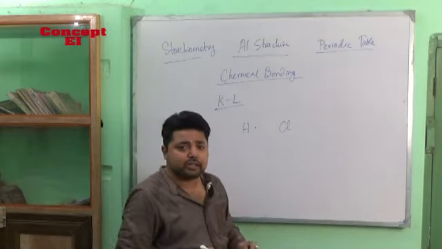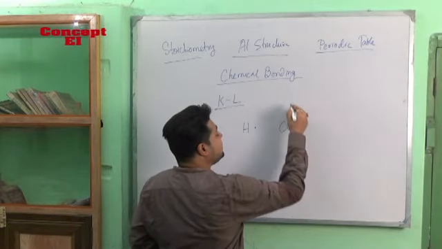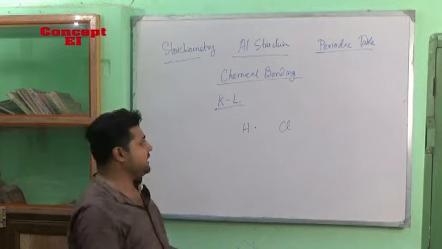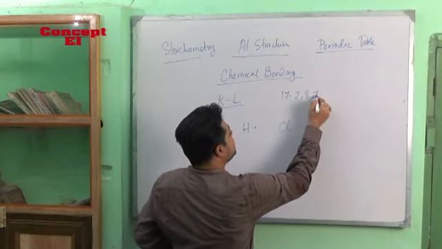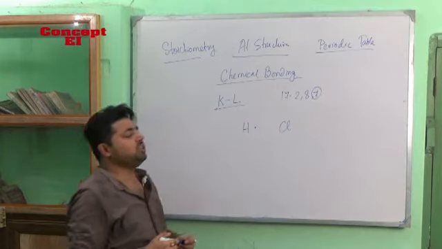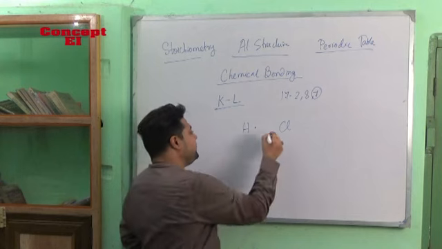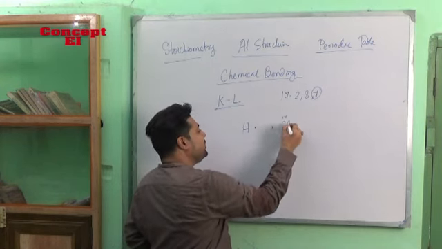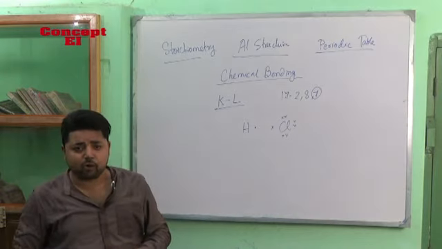The atomic number of chlorine is 17. We have to divide it as you have done in your class 10 standard, 17 as 2, 8 and 7. The valence shell has 7 electrons, so we will write here 7: 1, 2, 3, 4, 5, 6, 7. And they will form a bond.